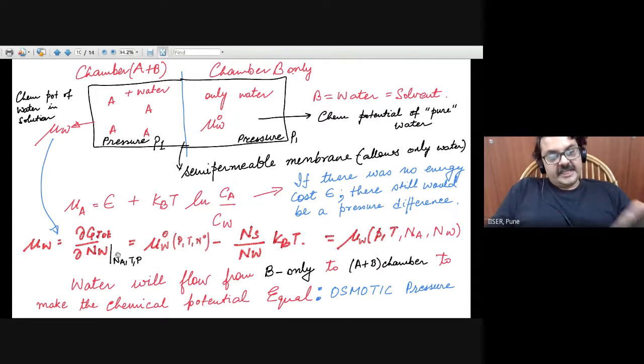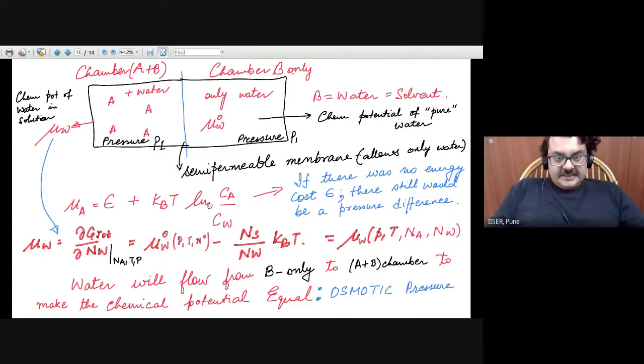Okay, so the change in the chemical potential due to the presence of solute particles is the chemical potential of the pure solvent minus the fraction of solute particles that you have in the lattice or in the volume, times k_B T, right? So when there is a solute particle, the chemical potential actually decreases, right? Because it comes with a minus sign.